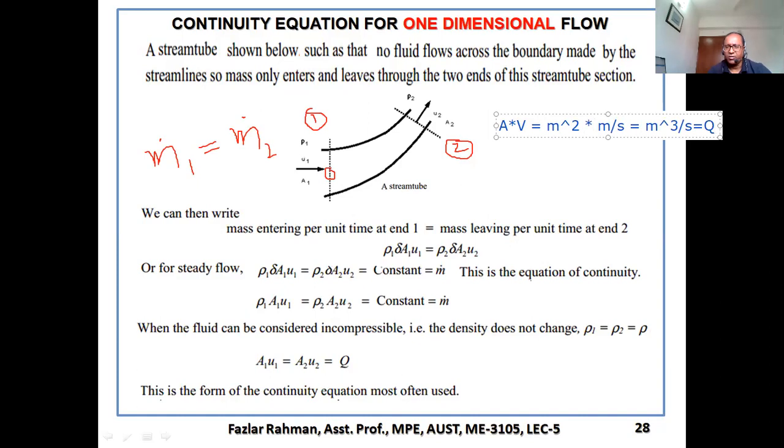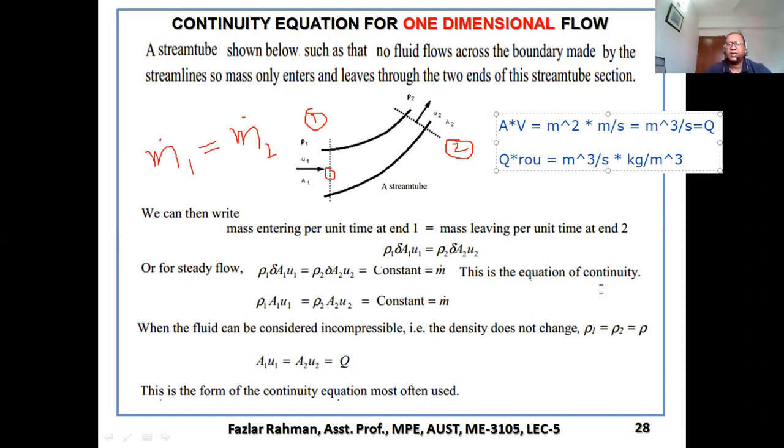Now, what is the unit of Q? Meter cube per second. But I need M dot 1. So if Q is meter cube per second and you multiply by rho, the density, in kg per meter cube, then meter cube cancels out.